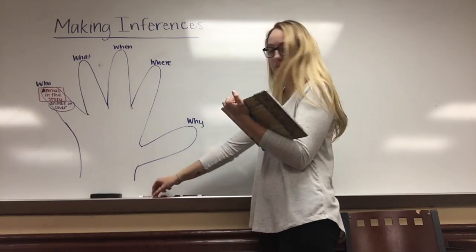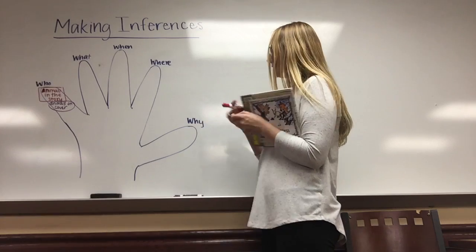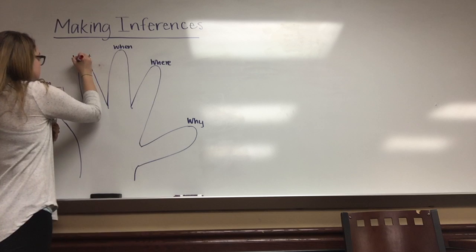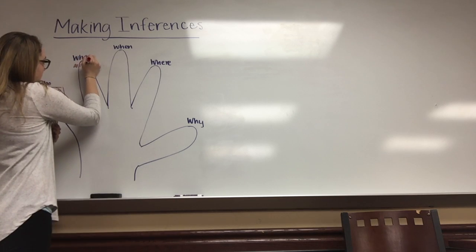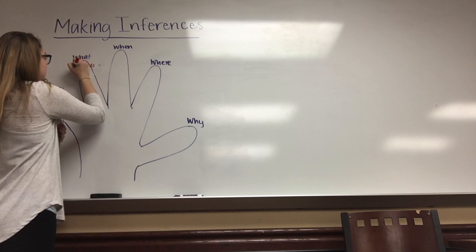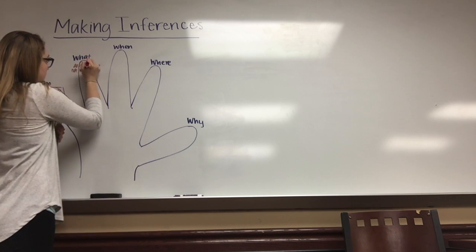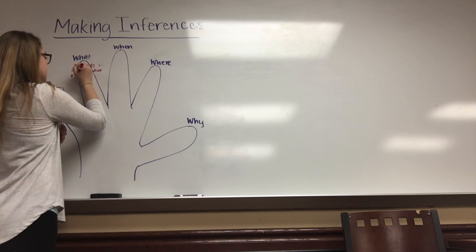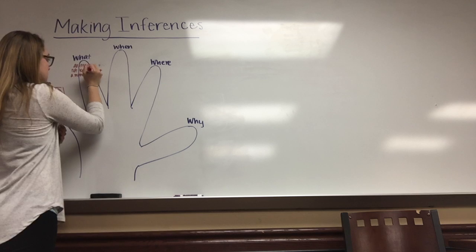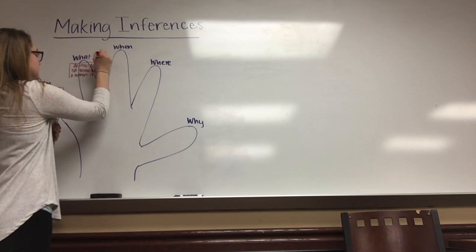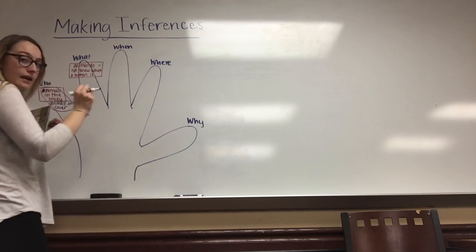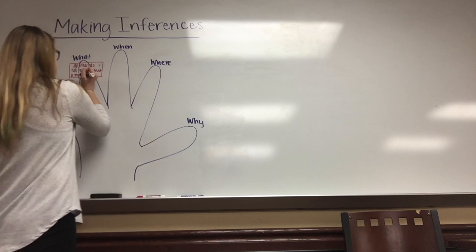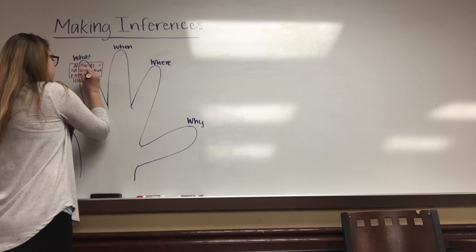So with our what, we are going to say that animals do not know what a mitten is. We're going to box that, and we're going to put our evidence is that they look confused.